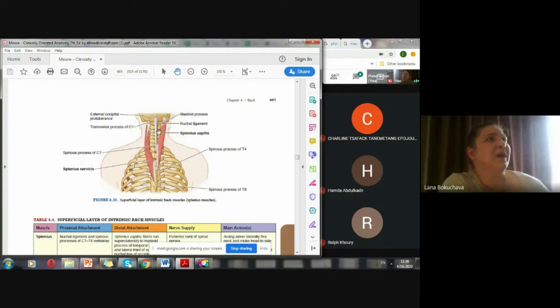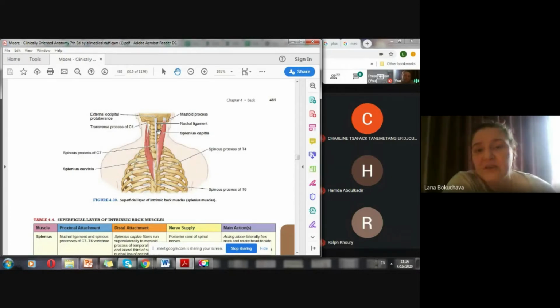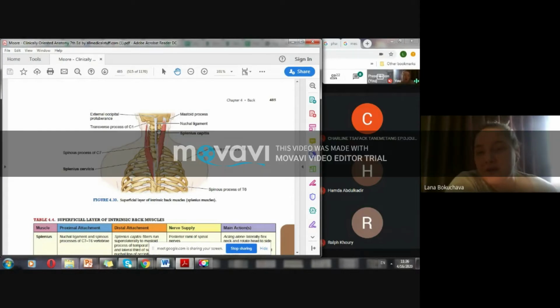The question was what we have superior to it. There we said we have a very broad ligament, the nuchal ligament, which was covering and attaching all of the spinous processes of the cervical vertebrae. I'm not talking about C1, because there is no spinous process there, just a tubercle.